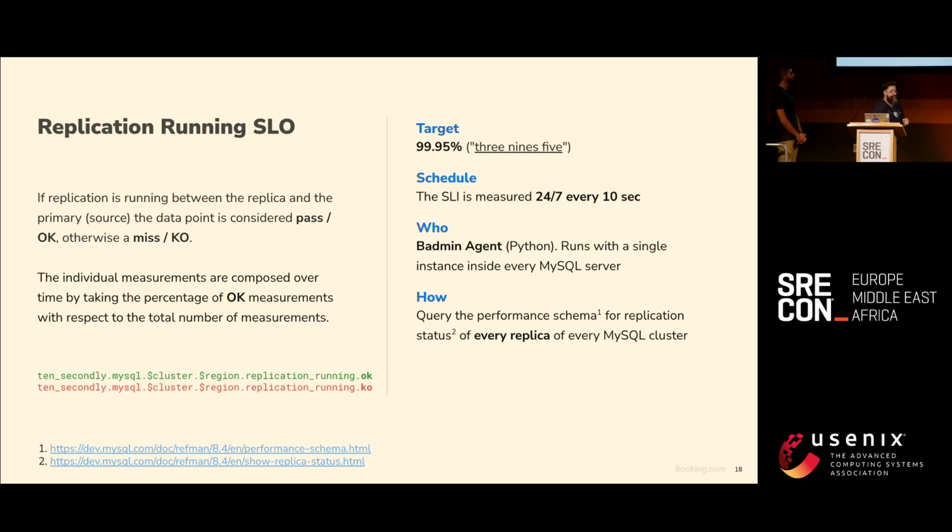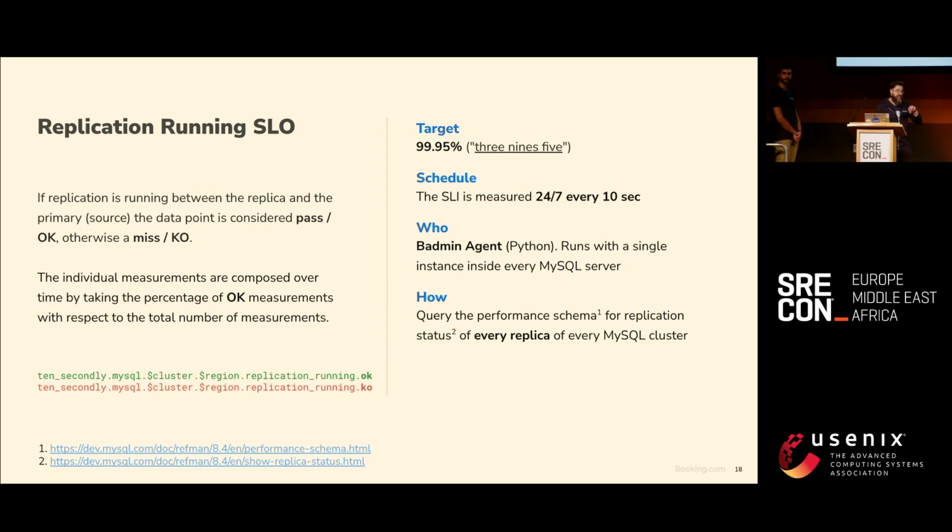Now let's go into the replication running SLO. The target is 99.95, a little bit lower because we cannot control the network. There are more things that can go wrong, so we cannot offer more than that. The difference is that we don't measure it with the MySQL Availability Reporter, but with a different component that we call admin agent. It's written in Python. It's part of our fleet management infrastructure component.